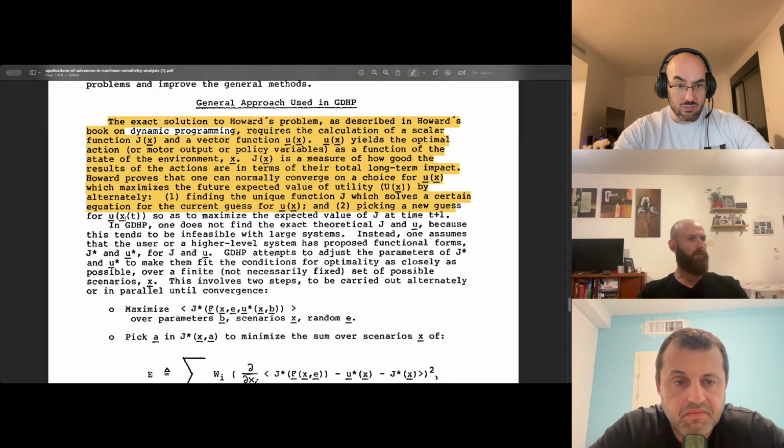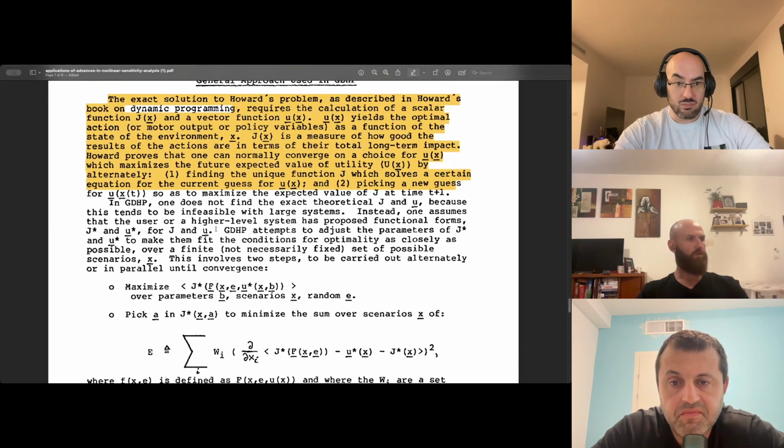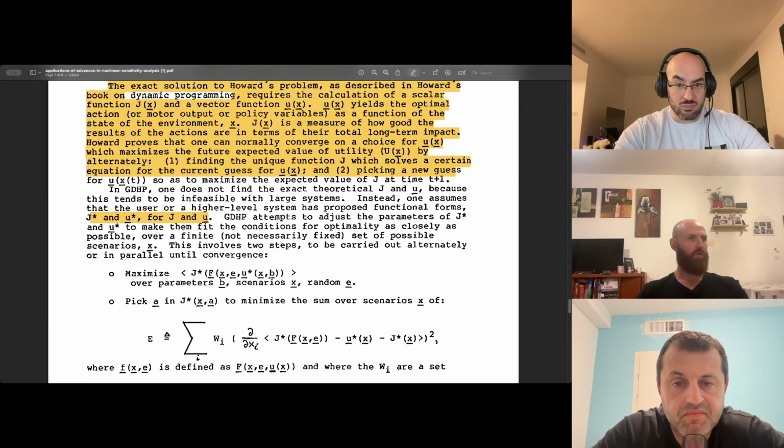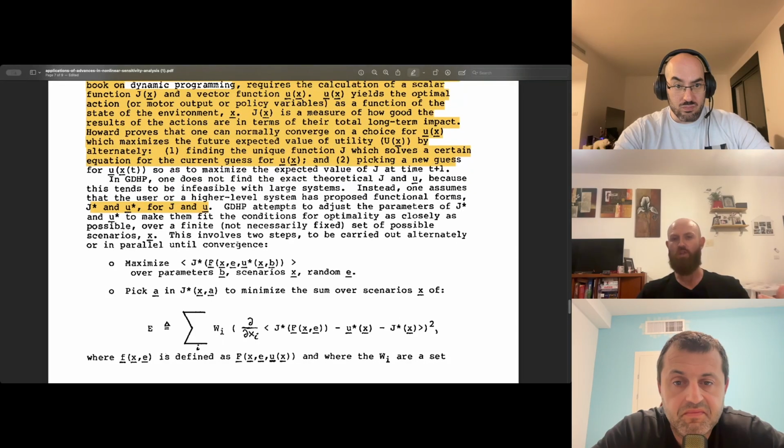And he says in his method, one does not find the exact theoretical solution, which tends to be infeasible with a large system. Instead, one assumes that the user or the high-level system has proposed functional forms for the things we're trying to optimize and all the variables. So what I take from it, though I didn't understand all of his notation, is that he's saying, let's do some kind of parametric estimation.